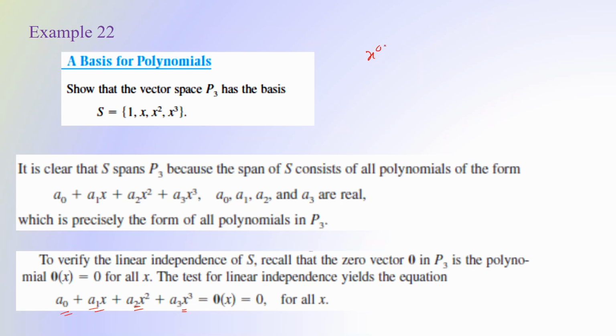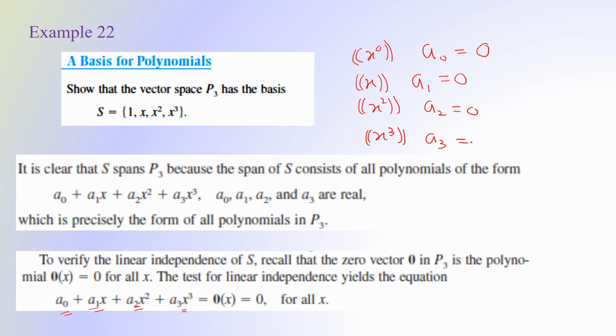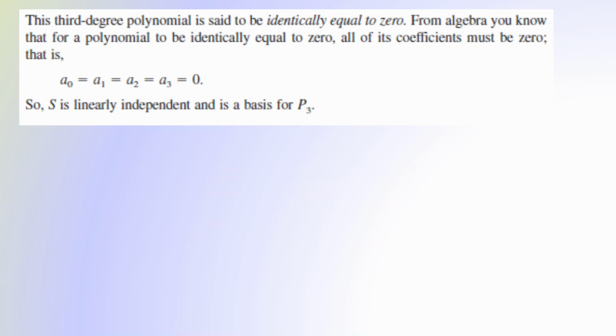For example, when you take the coefficient of x0, here you have a0. a0 is equal to, there is no constant term on the right hand side, so a0 is 0. The coefficient of x, a1, again equal to 0. Coefficient of x squared, again a2 equal to 0. Coefficient of x cubed, again a3 equal to 0. All coefficients of 1, x, x squared and x cubed are 0. So therefore you can claim it is linearly independent.